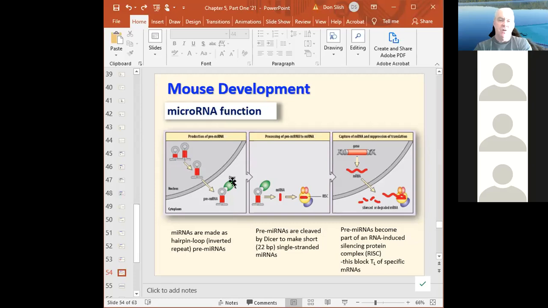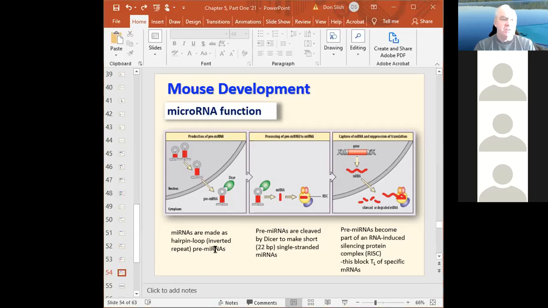Dicer is an enzyme that will come along and cut out the extra pieces of RNA and release only the sequence that is going to be complementary to the mRNA that's going to be silenced. So this is only about 22 bases now, and that will be grabbed by some other proteins, and they'll make this RISC complex.